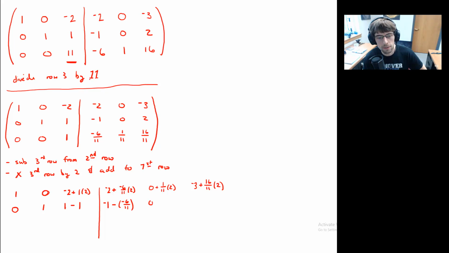We have 0 minus 1 over 11. And we have 2 minus 16 over 11. And fortunately for us, the third row, we don't have to touch at all. We have everything taken care of there.